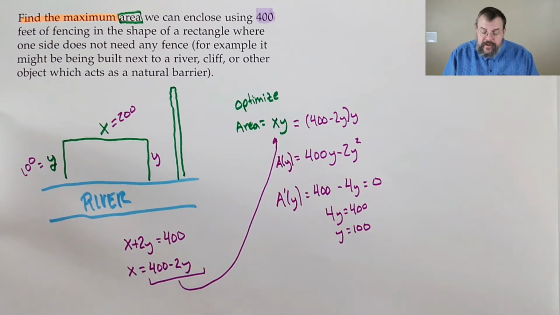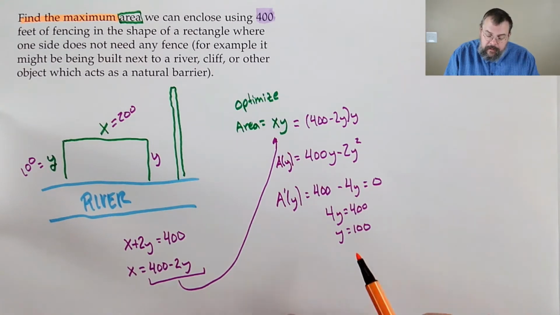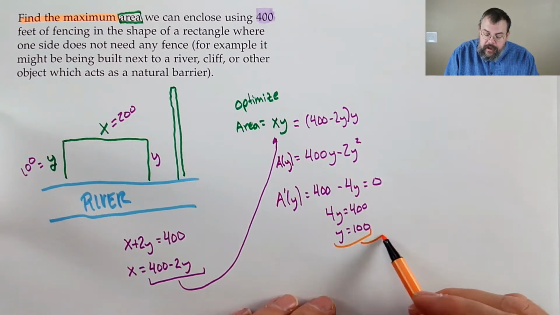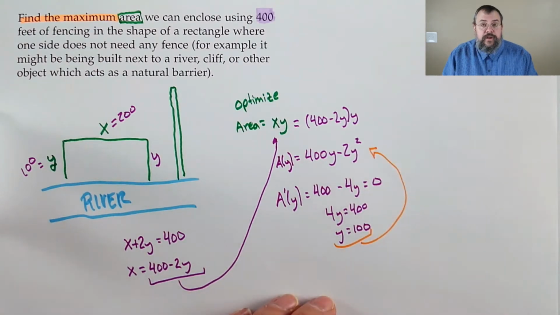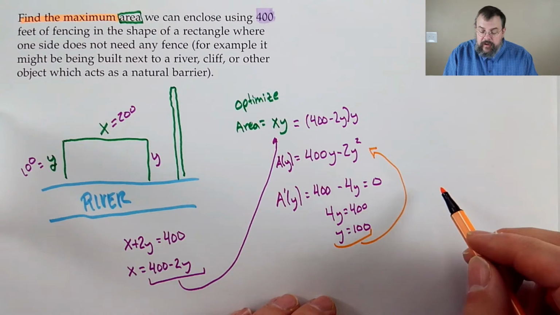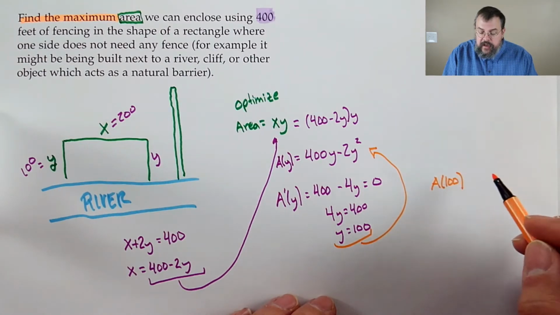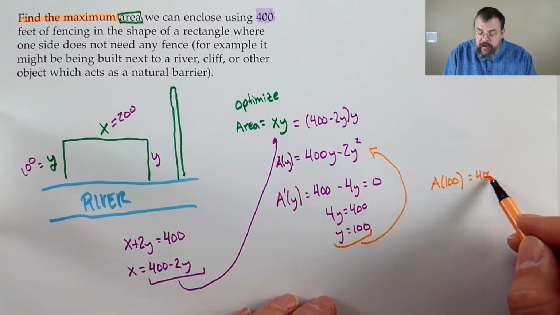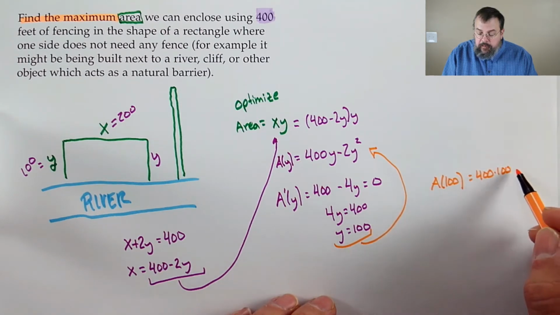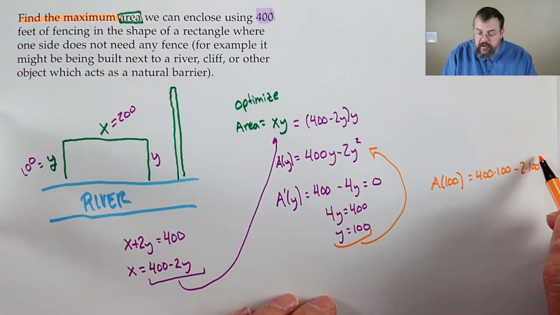All right, so we can take our answer now, namely this y equals 100. We think this is where the maximum should occur, and we can plug it back into our original function for area. So the area, when y is 100, would be 400 times 100 minus 2 times 100 squared.